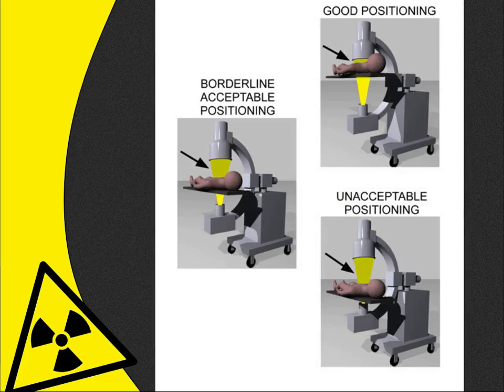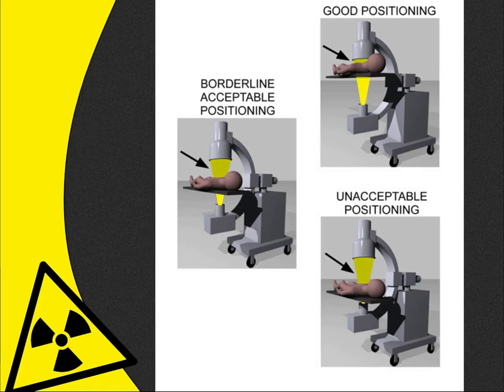Let's see here the three setups for the patient. The first one on the left is the borderline acceptable positioning. So the tube is under the table, and the imaging screen is quite far from the patient.